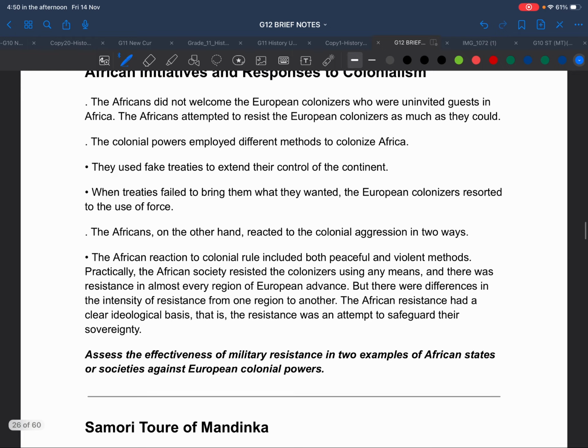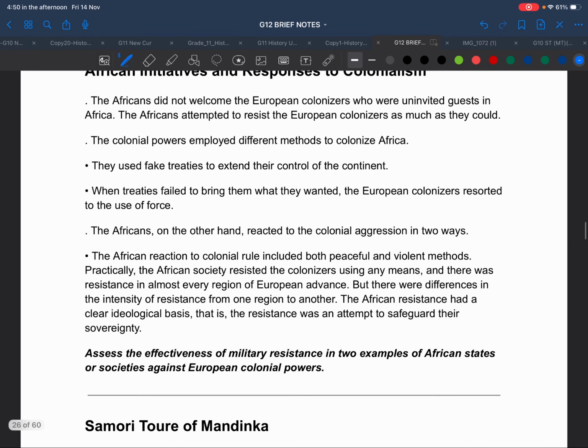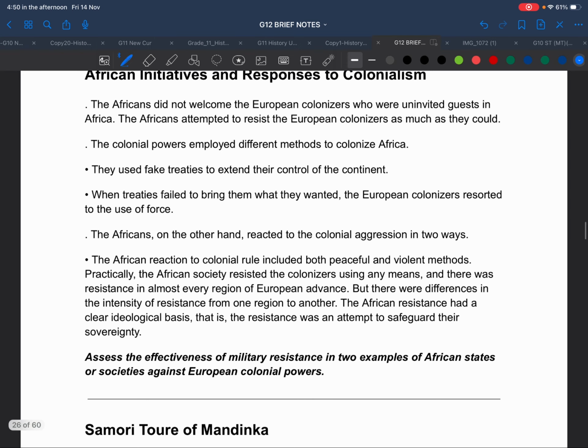The Africans did not welcome the European colonizers, who were uninvited guests in Africa. They were not invited at all, but they came in, and they were not welcomed by Africans. The Africans attempted to resist the European colonizers as much as they could.